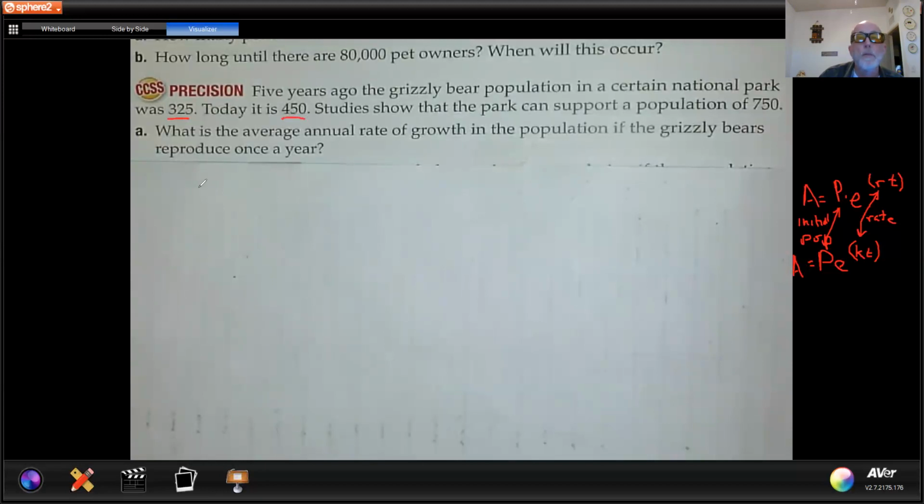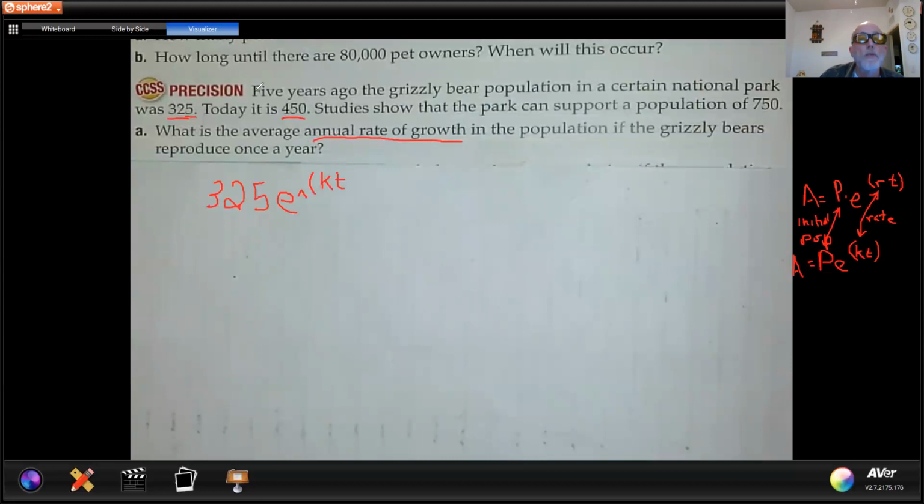So what are we supposed to do? We're supposed to find the annual rate of growth. How quickly do the bears grow, right? So I have to have a starting amount of bears. That's 325 bears times E raised to the KT power. That's what we're trying to do, right? Well, we know what time is.